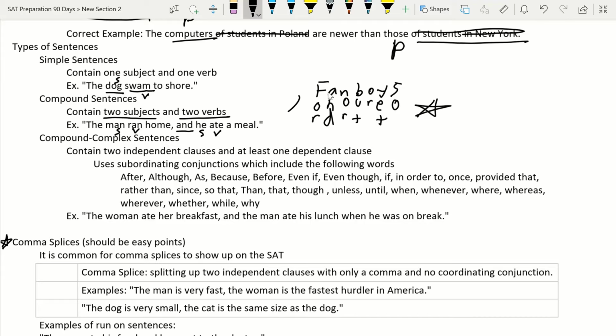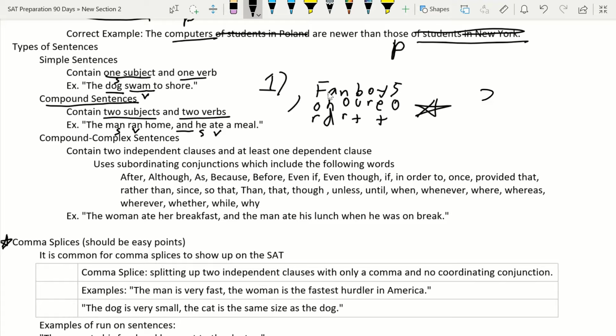You need a comma and then one of those 7 words to connect 2 independent clauses, right? An independent clause is basically the same thing as a simple sentence. It's one subject and one verb. So go ahead and write that down. That is number 1 as far as how you can connect 2 subjects and 2 verbs, right? 2 independent clauses together in a compound sentence.